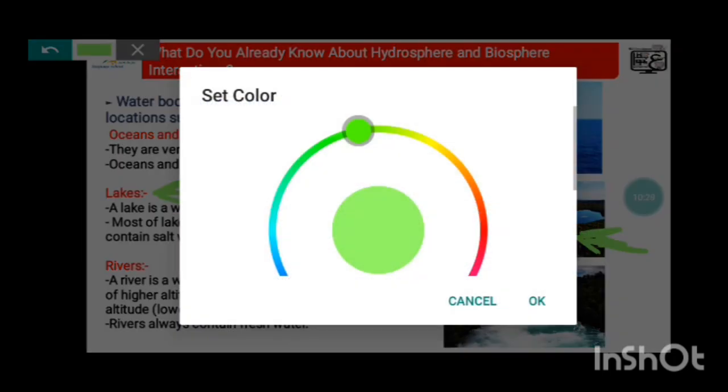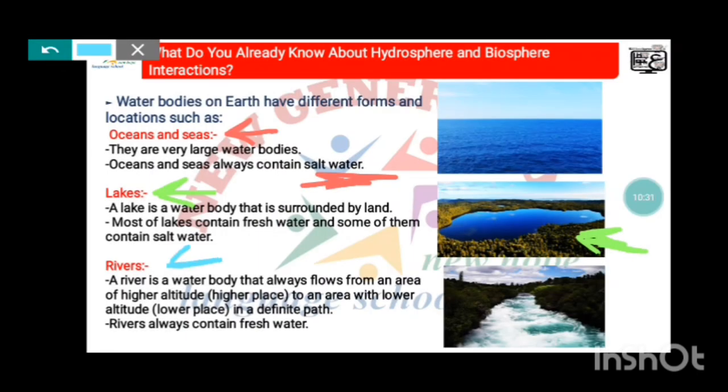According to rivers, a river is a water body that always flows from an area of higher altitude, or higher place, to an area with lower altitude, or lower place, in a definite path, like this.